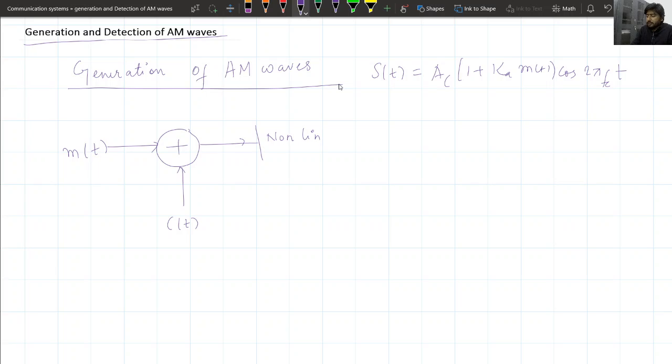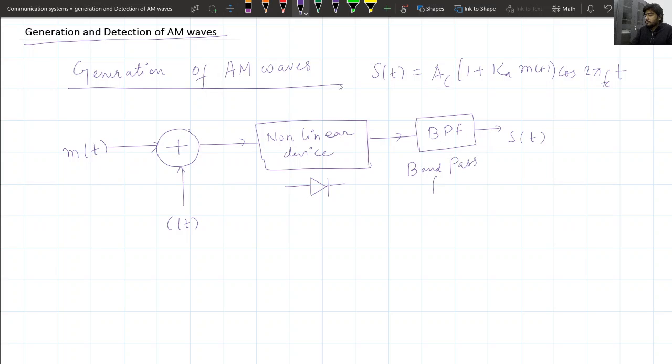For example, diode is a non-linear device. And then pass its output to a band pass filter of suitable central frequency to obtain the desired modulated wave.